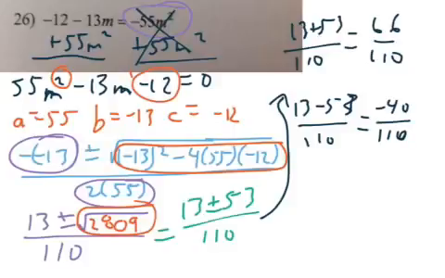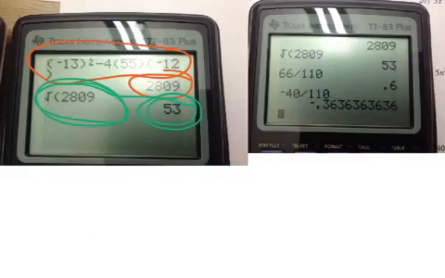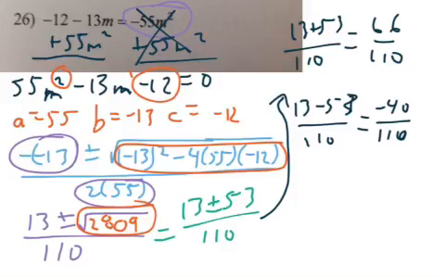And let's just do it with a calculator. Sometimes you'll just reduce those fractions. But let's see what we come up with. So as you can see right over here, 66 divided by 110 is 0.6. Okay, so this is 0.6, right?